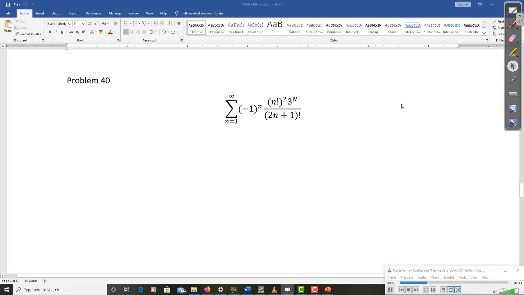That's cute. Now problem 40. This one's just pretty busy. It does have an alternating series term. First thing I think I would do here is probably just ignore that, maybe. Let's see what the ratio test would do. Ratio test is usually pretty good for factorials.